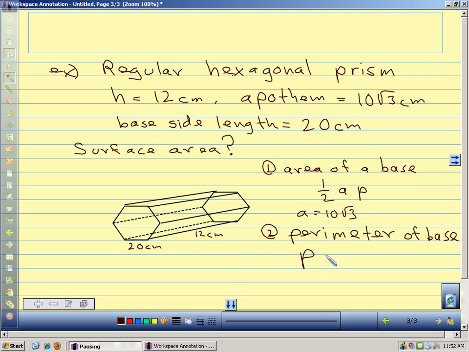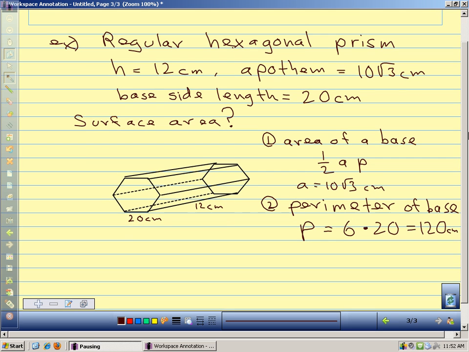So P is 6 times 20, or 120 centimeters. So now we have two pieces, we can calculate our area, and we know that our height is 12 centimeters. So our third piece is h equals 12 centimeters.